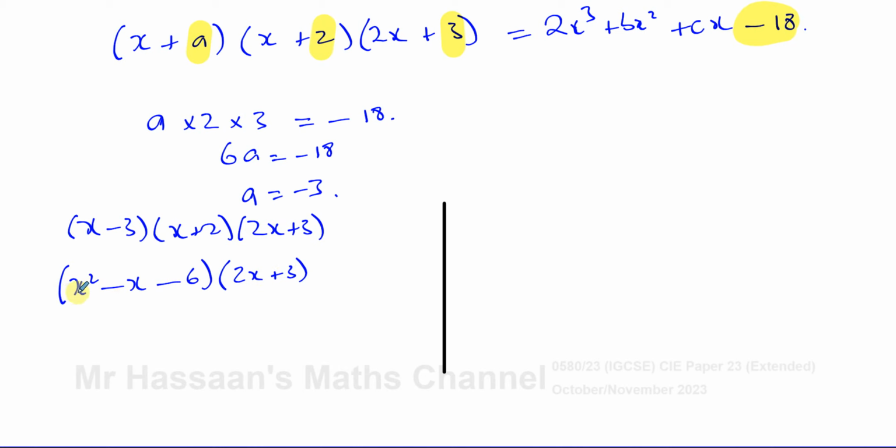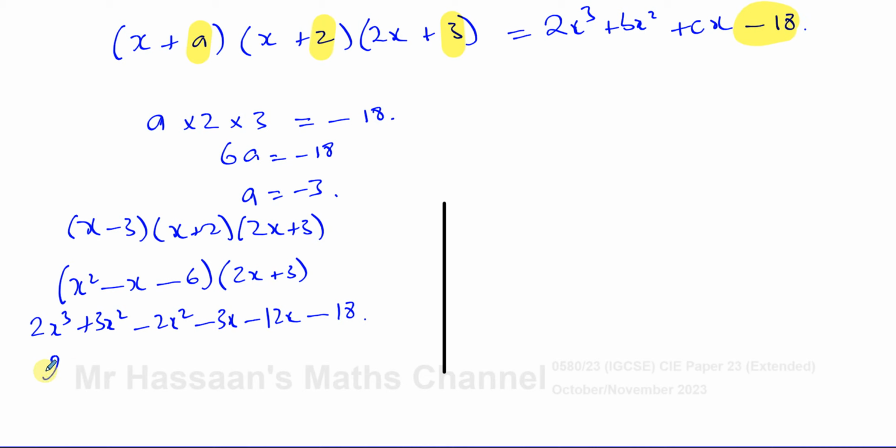X squared times 2x is 2x cubed. X squared times 3 is 3x squared. Minus x times 2x is minus 2x squared, and minus x times 3 is minus 3x. Then minus 6 times 2x is minus 12x, and minus 6 times plus 3 is minus 18.